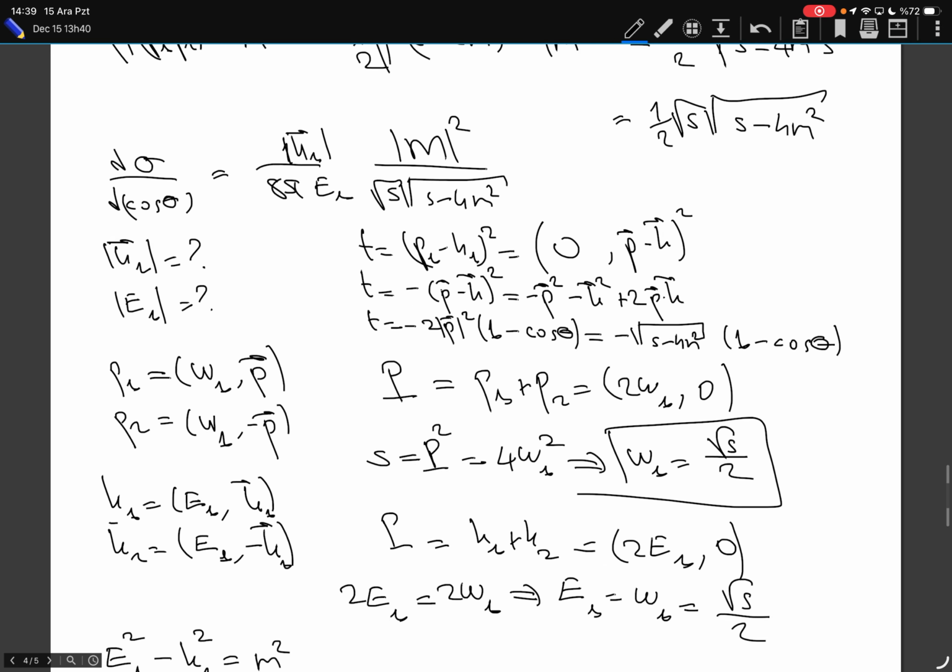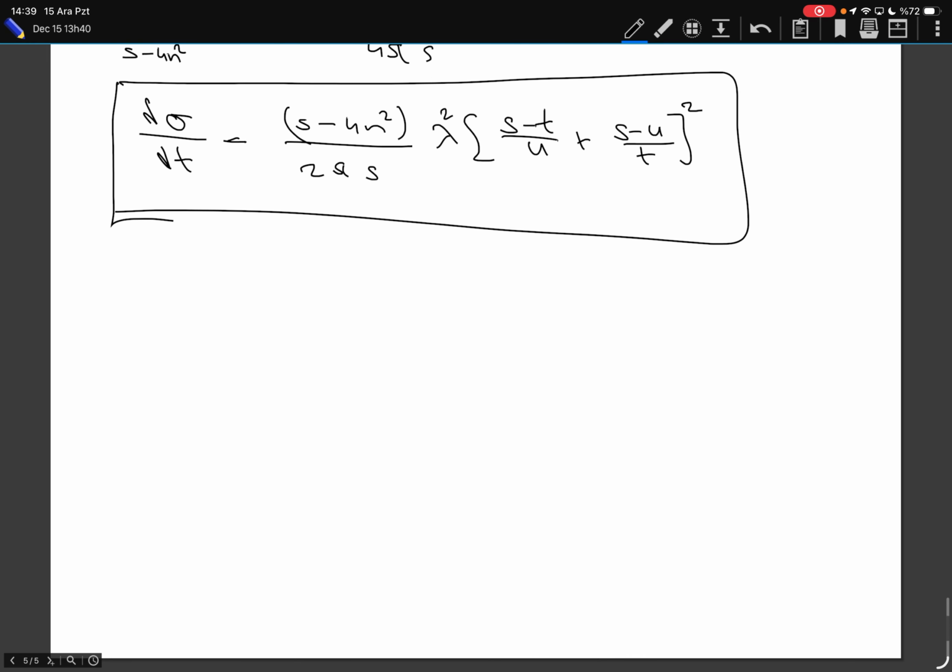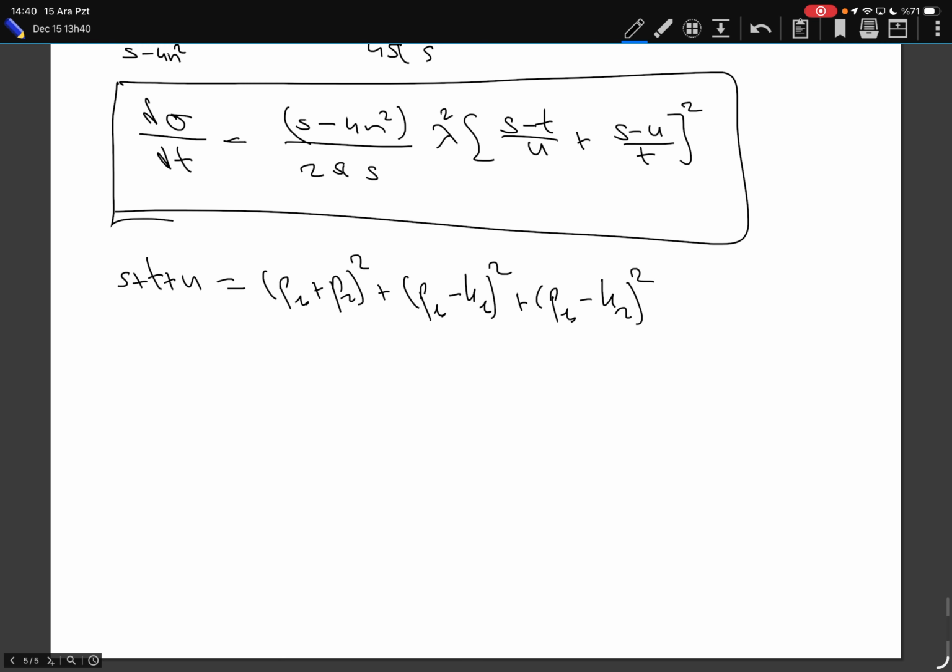In fact, let's do this exercise. S plus T plus U. S is P1 plus P2 squared. T is P1 minus K1 squared. U is P1 minus K2 squared. Or let me write it as P2 minus K1.